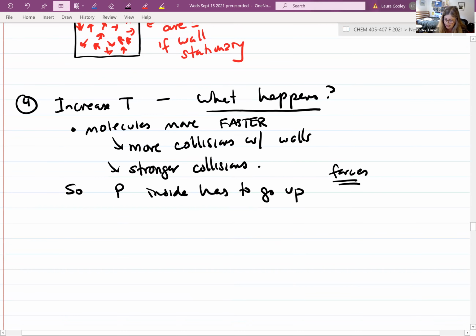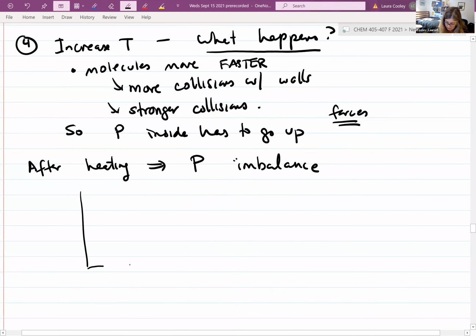So what you have is, after heating, you have a pressure imbalance. So right after heating, you still have P atmosphere, but now the pressure inside has gone up.